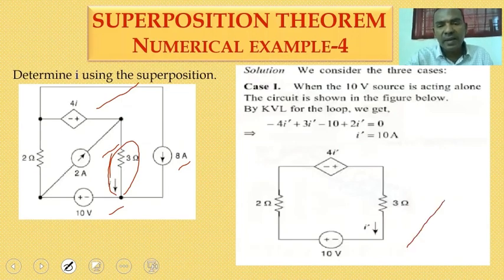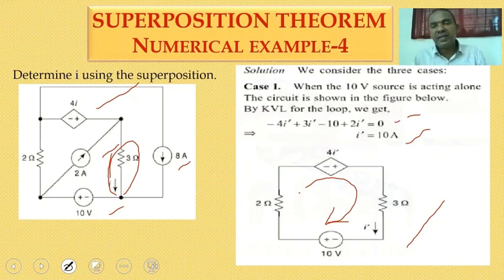Apply the KVL for this circuit: minus 4 times of I dash plus 3 times of I dash minus 10 plus 2 times of I dash is equal to 0. So finally after simplification, I dash is equal to 10 amperes.